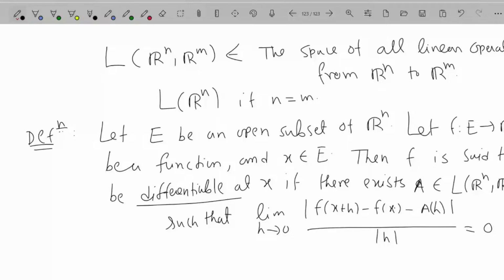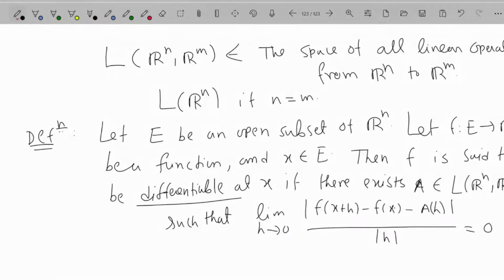So we have now an m by n matrix A such that this quantity, the norm of f of x plus h minus f of x minus Ah, divided by the norm of h, the limit is going to be 0. If such a thing exists, then we will say that the function is differentiable at the point x.